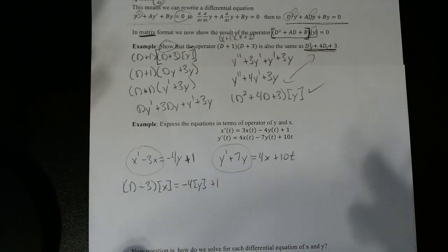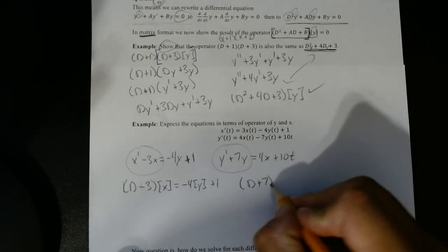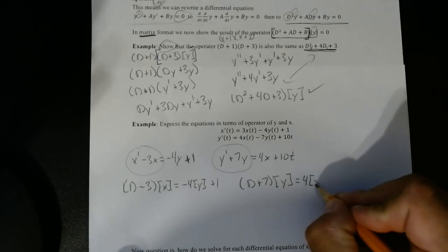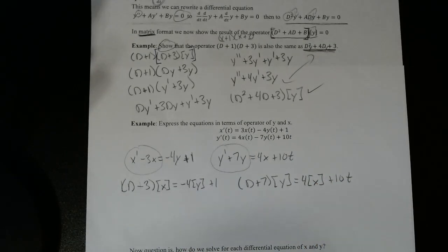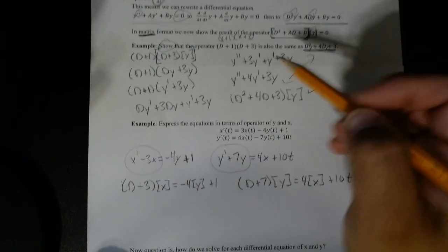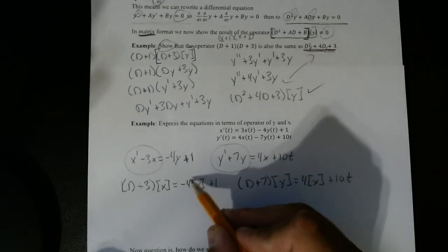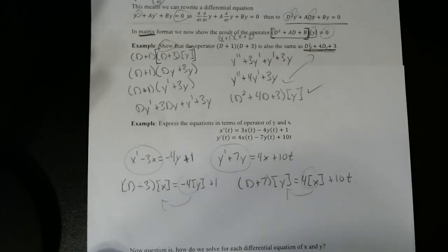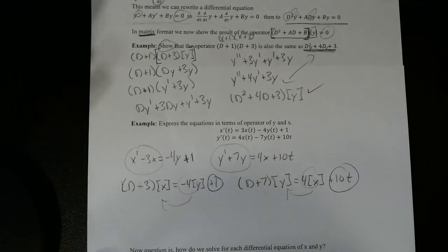Again, we want it in operation format. Same thing applies here. And now this is going to be 4x plus 10t. And now the last step is, because we want to set it equal to an actual number or the t value itself, I will bring this to the other side and this to the other side, keeping the 1 and the 10t on that side.